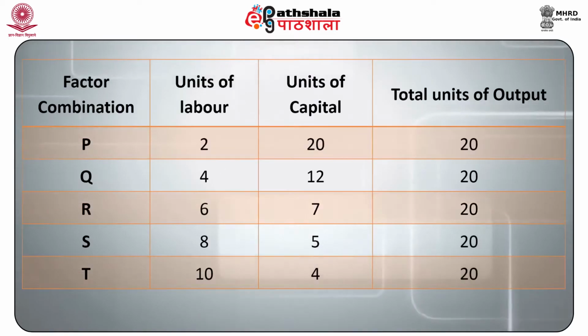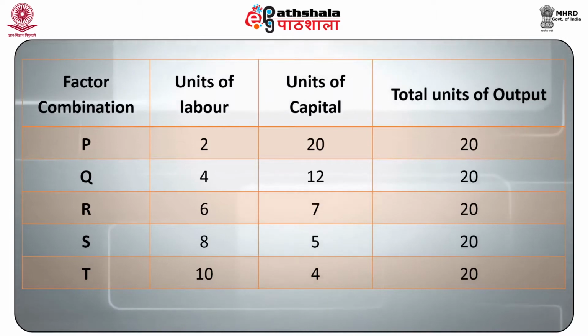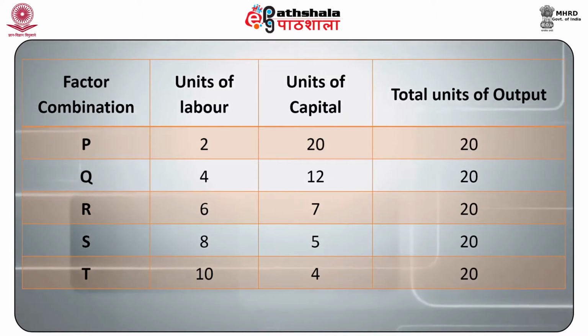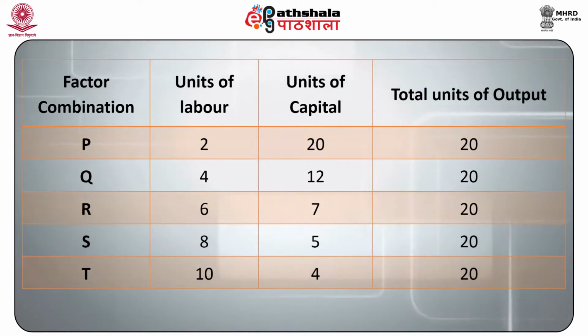Let us suppose a firm producing 20 units of a product using different combination of factors. It is shown below. In the following table, factor combination N, P, Q, R, S, T has been given, units of labor L has been given, units of capital K have been given, and total units of output has been given.